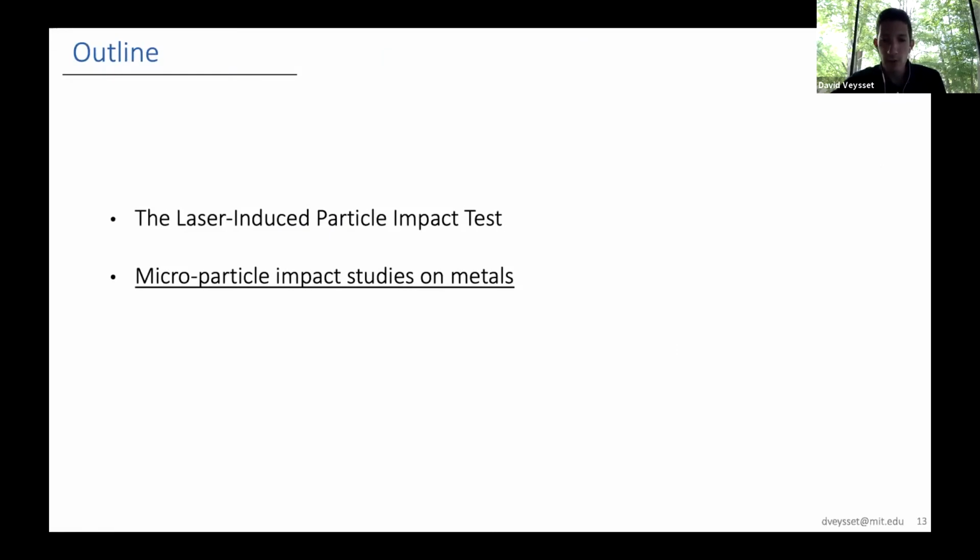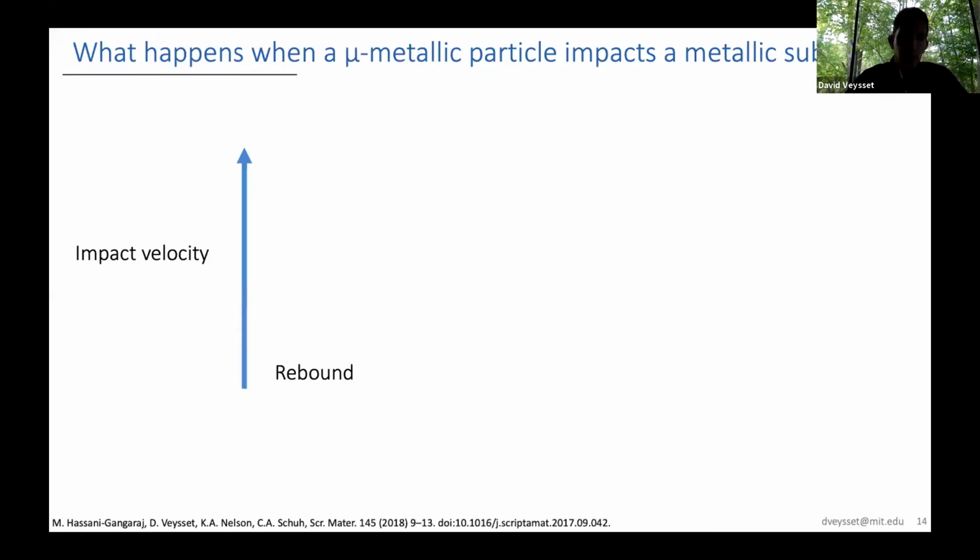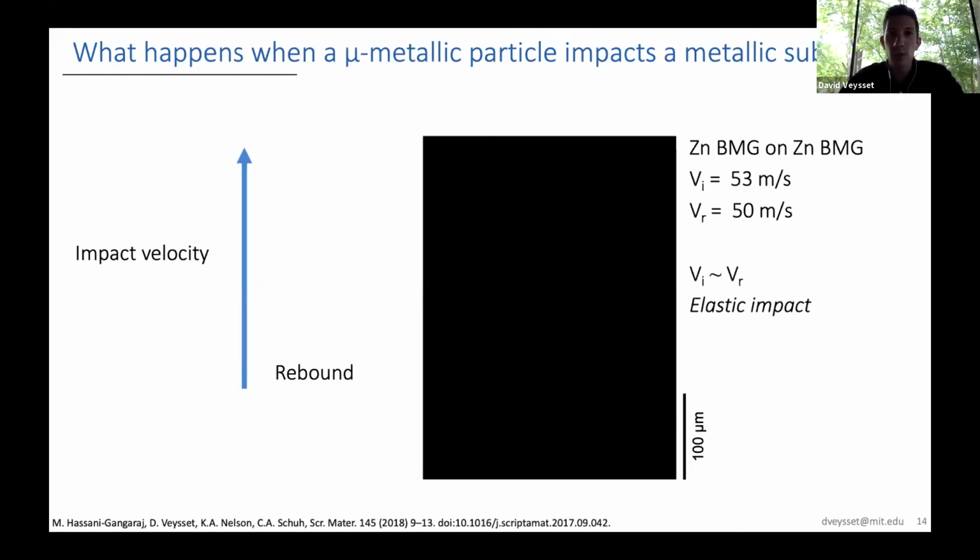Now let me show you how we use this experimental platform to study the dynamic behavior of metals. So first, what happens when you launch a microparticle toward a metallic target? We know that at very low velocity, the particle is just going to rebound, and this is Hertzian contact, pretty well known.